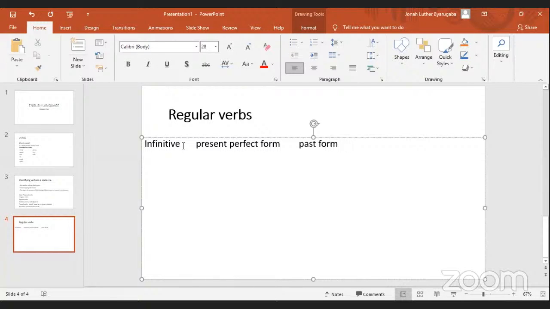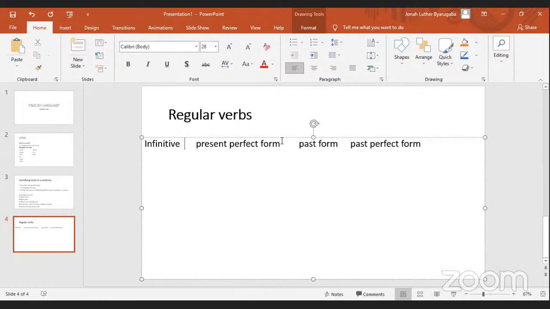Then we have the past perfect form. This one also is another form used in perfect tenses. If you want to create a perfect tense, you pick a word in the past perfect form. There are still three types of perfect tenses.